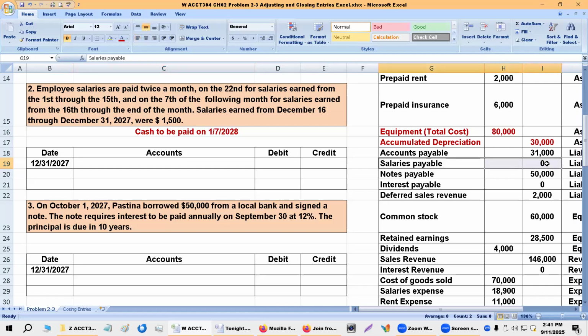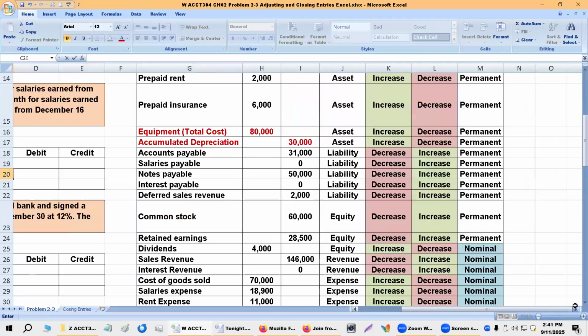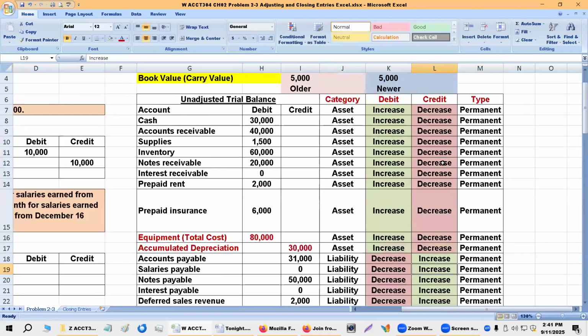All right, so we owe them 1,500. It's salaries payable, it's a liability. It's going to increase with a credit.